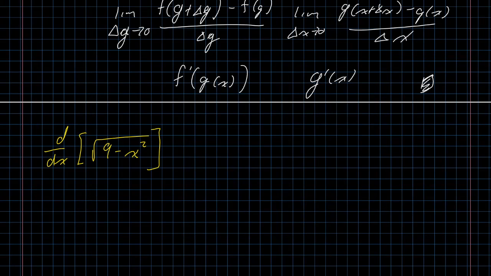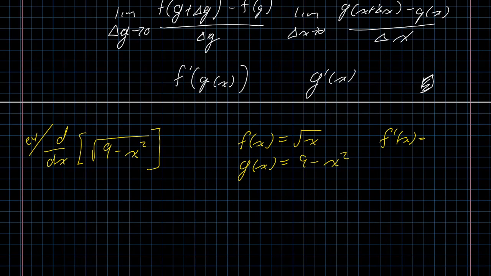If I think of 9 minus x squared as a composition, f of x is the square root of x and g of x is 9 minus x squared, then I'm going to take the derivative of the square root of x, which we've done in a previous video you can look back on.